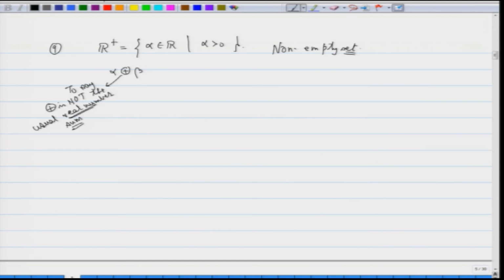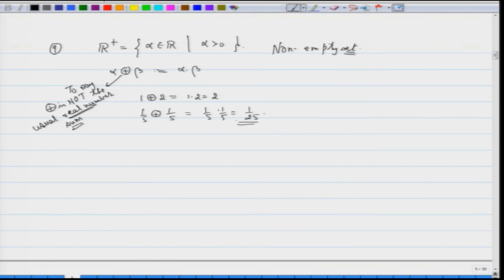Real numbers are summed differently, this is not the same. So, here I define this to be equal to alpha into beta. What I am saying is that 1 plus 2 is equal to 1 into 2, which is 2. 1 upon 5 plus 1 upon 5 is 1 upon 5 into 1 upon 5, which is 1 over 25.